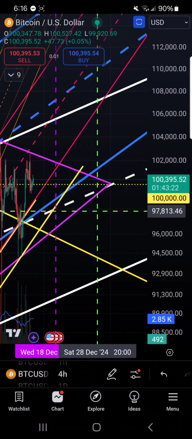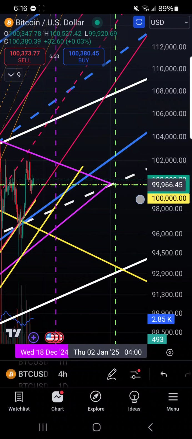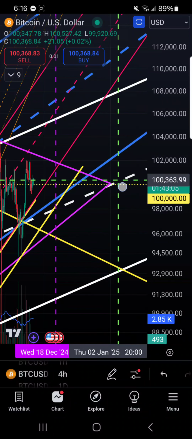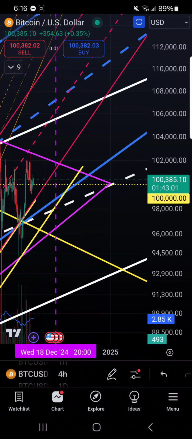And actually, I designed it that way. The reason why I did so is because it looks like the point's coming pretty close to the end of the year. So I just put it exactly at $100,000, mind you. $100,000 at the end of the year is where the vertex of this triangle is.